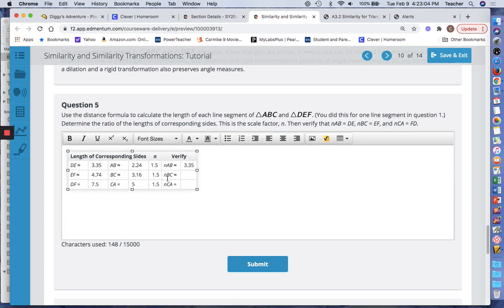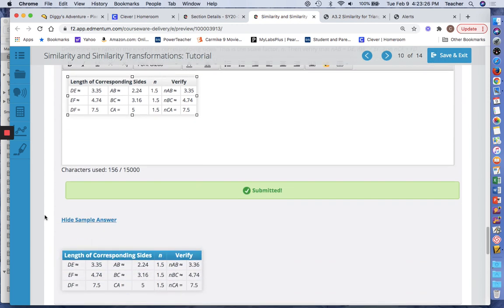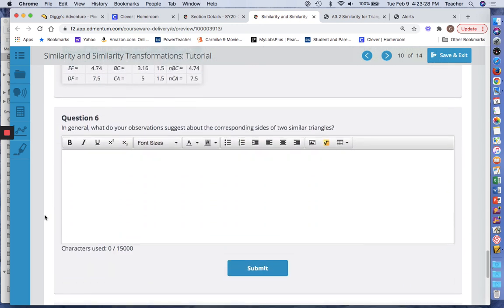If you multiply the scale factor 1.5 times BC, which is 3.16, it's going to go right back to 4.74. If you multiply the scale factor 1.5 times CA, which is 5, well, 5 times 1.5 is 7.5. We've done this several times. You should know that by now.